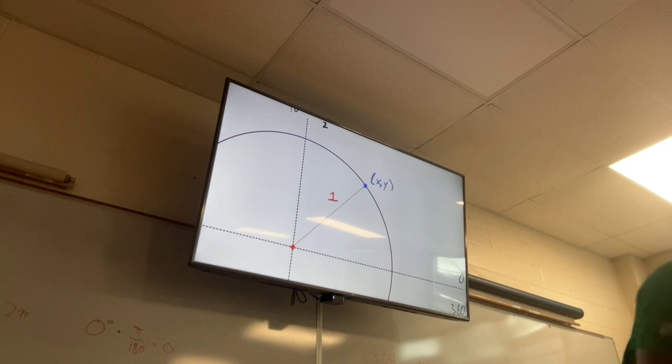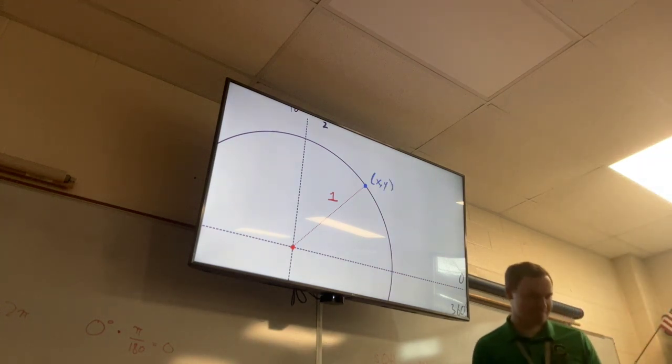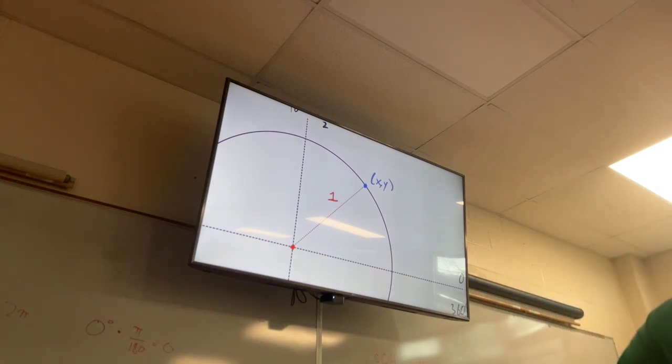It's going to have an x coordinate and a y coordinate, okay? And what I'm also going to do is draw another line right here, a vertical line down to the x-axis, such that it forms a 90 degree angle there, okay?